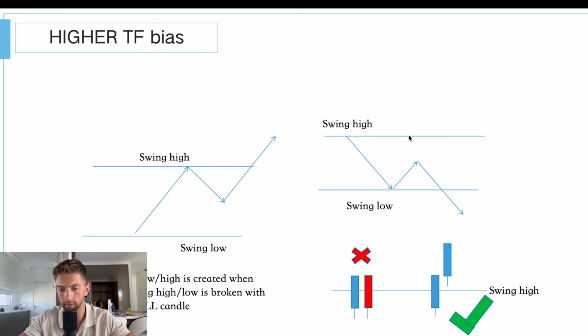The same thing applies with a downtrend. If price closes, let's say, one bearish candlestick and one bullish candlestick, that means it's not a valid break. If price closes under the swing low with at least one full body closure or more, that means that is a valid swing low, and I can continue from there.